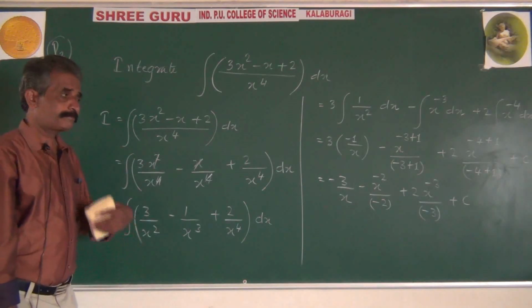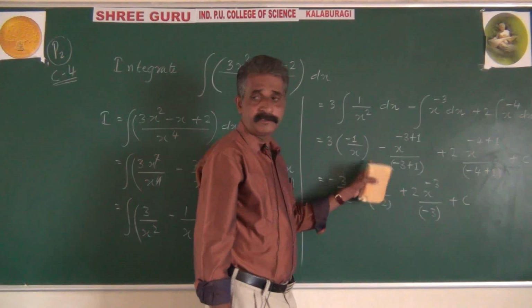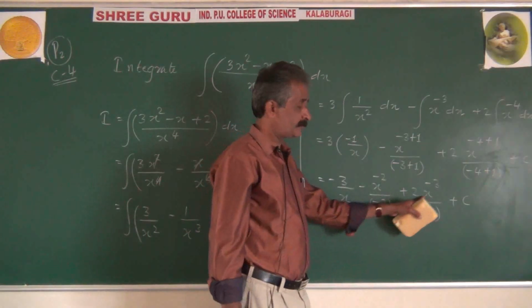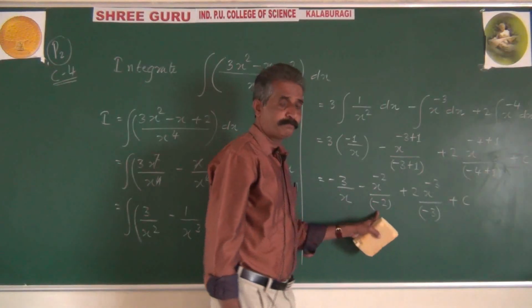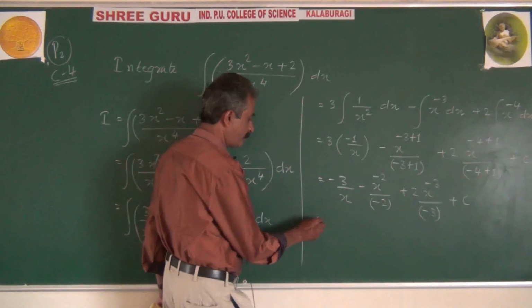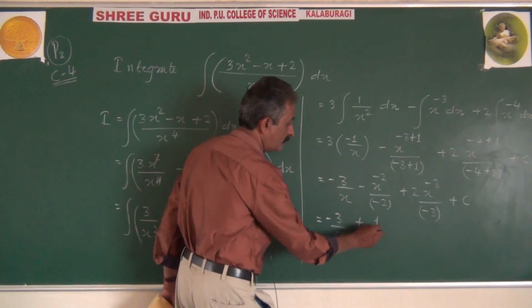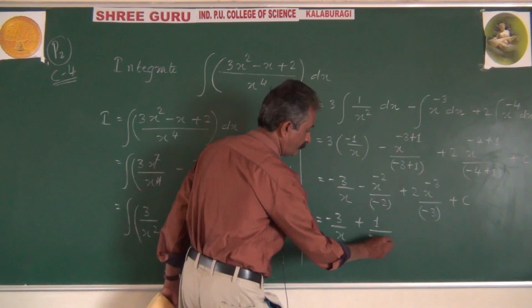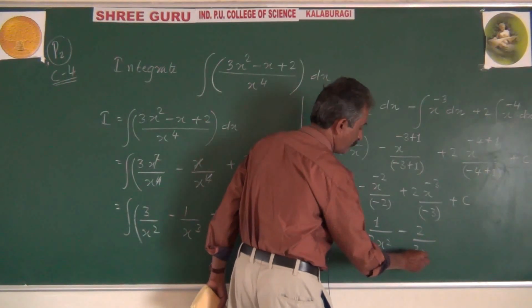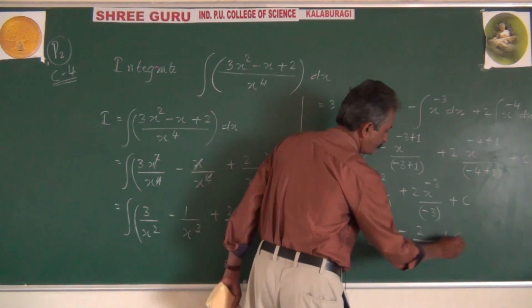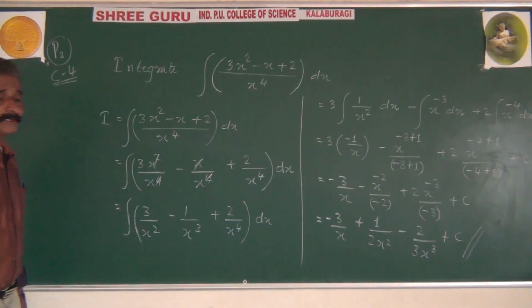And if you want one more step, x to the power of minus 2 means 1 by x square, x to the power of minus 3 is 1 by x cube, and here minus of minus will become plus. So one more step: minus 3 divided by x plus 1 divided by 2x square minus 2 divided by 3x cube plus constant. That's the final result of the given integration problem.